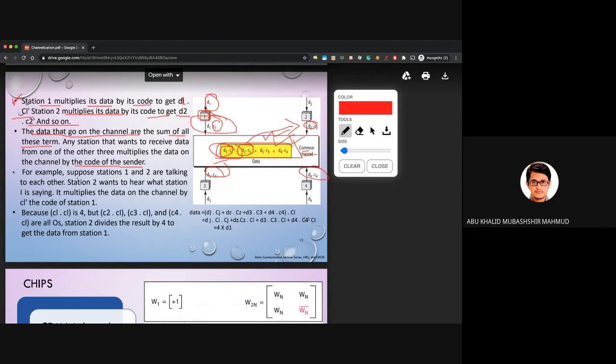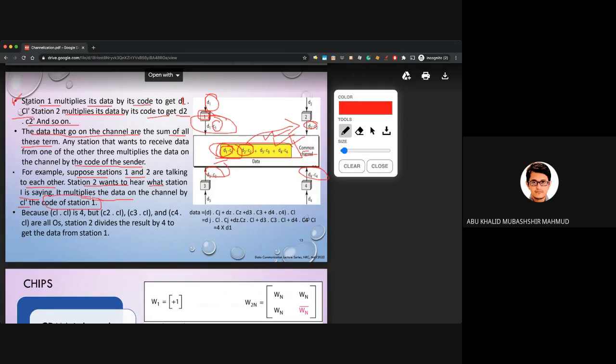For example, suppose stations 1 and 2 are talking to each other. Station 2 wants to hear what station 1 is saying. It multiplies the data on the channel by the code C1 of station 1.